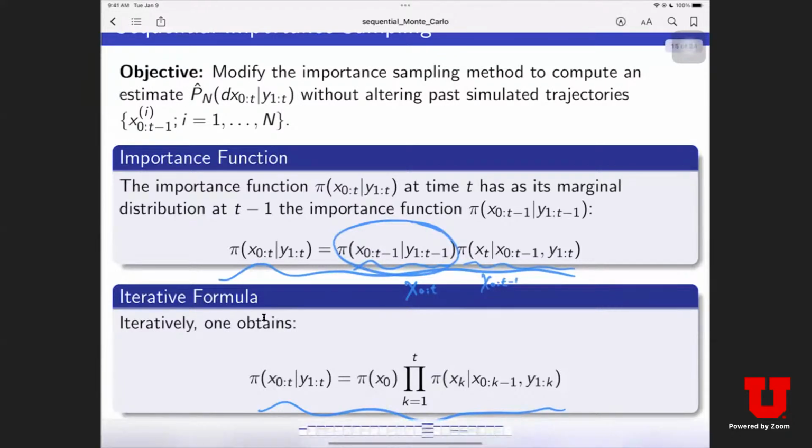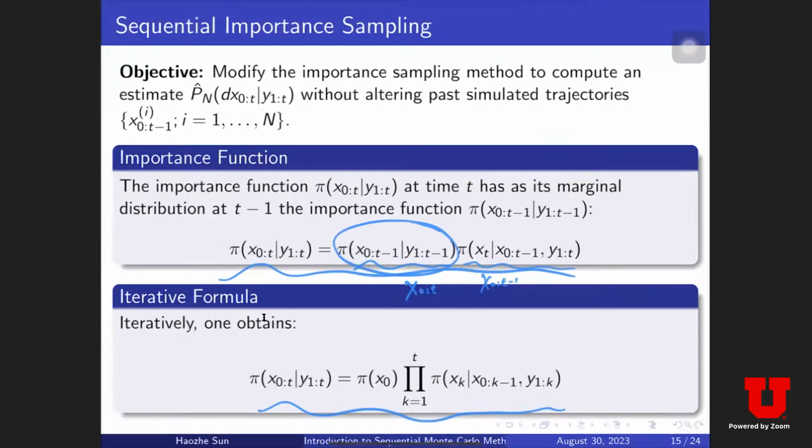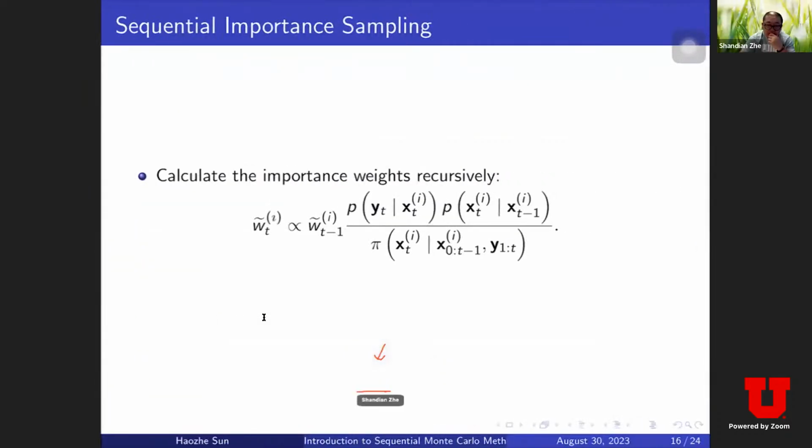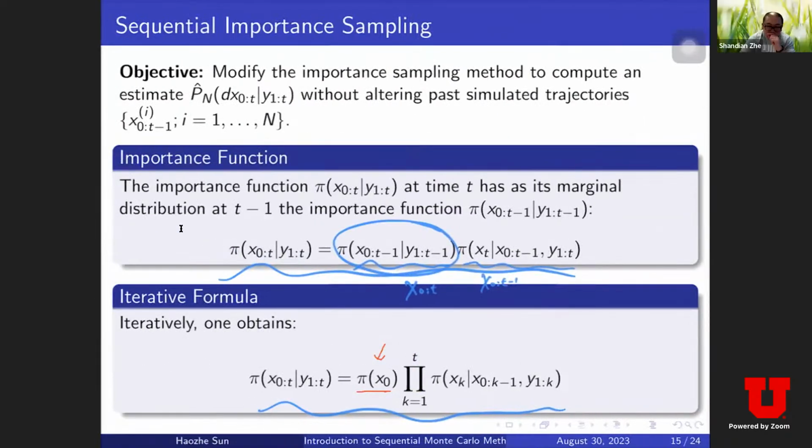For the formula, I want to continue with the Markov process assumptions. Go back to the previous slide. Yeah, here, is this true? Can pi of x_0 be decomposed as pi of x_0 times this?